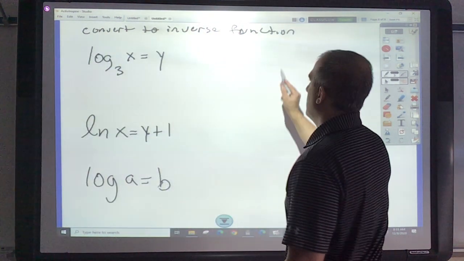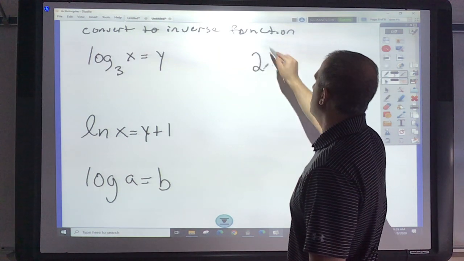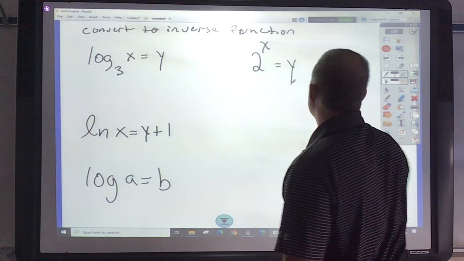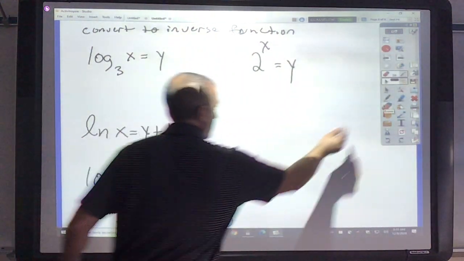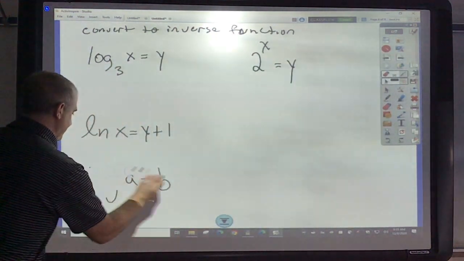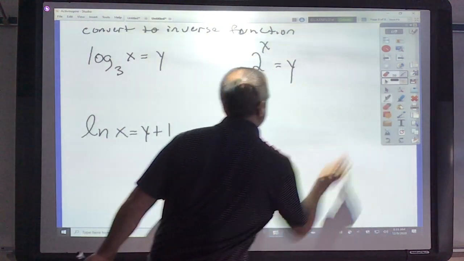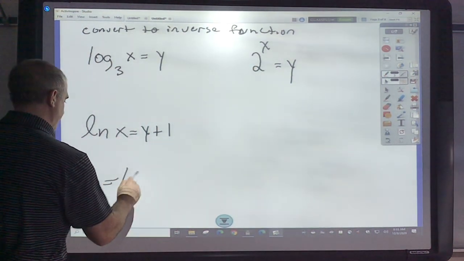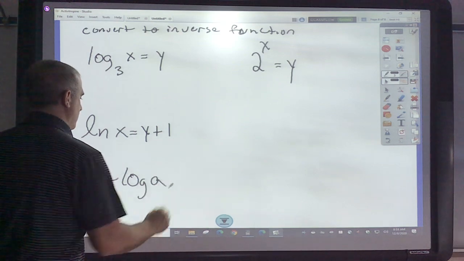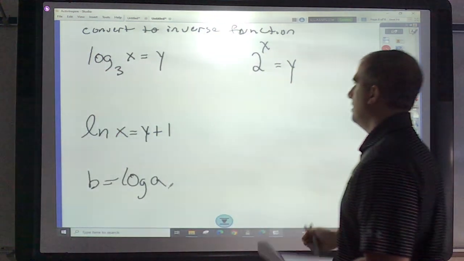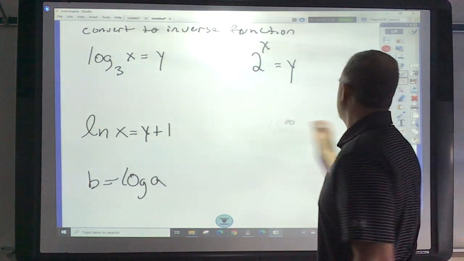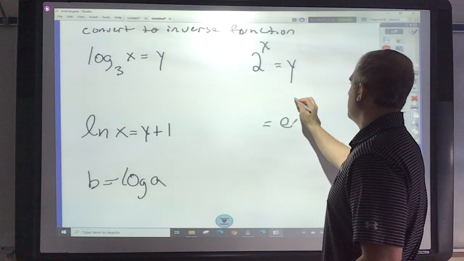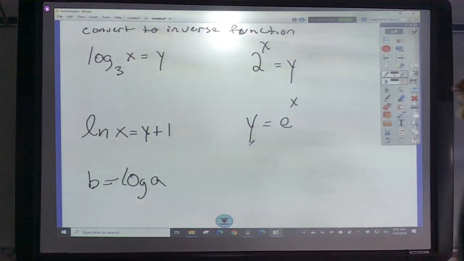Let's do 2 to the x equaling y. Let's do this one here. Let's do e to the x equals y. And I think that's good. We're not going to overcomplicate this.